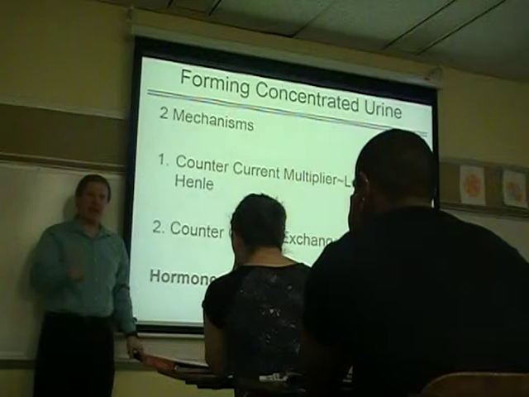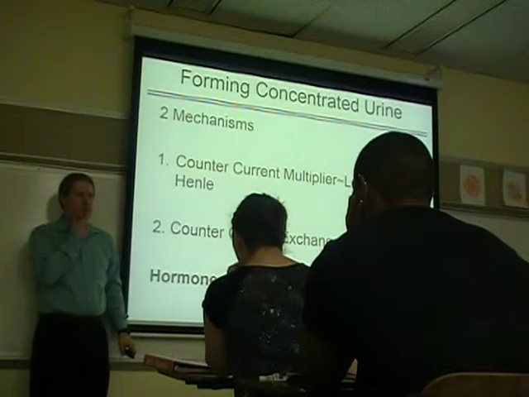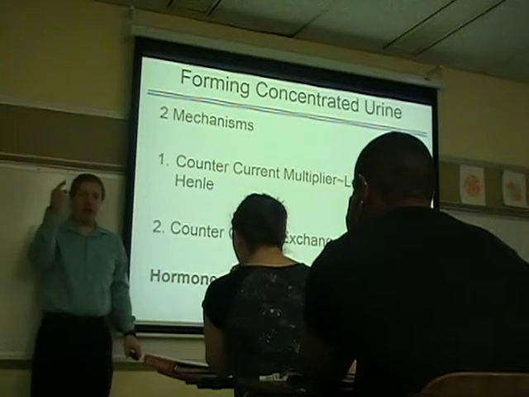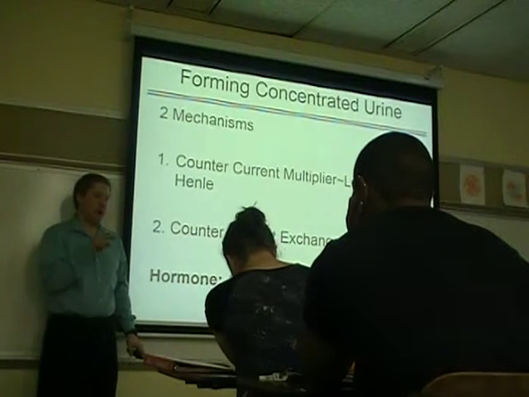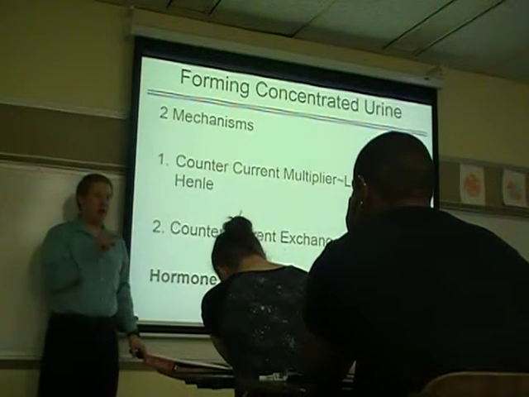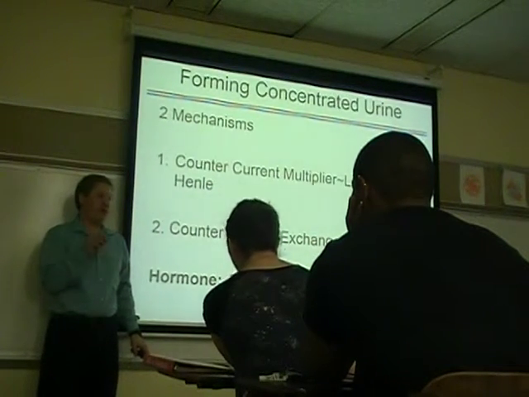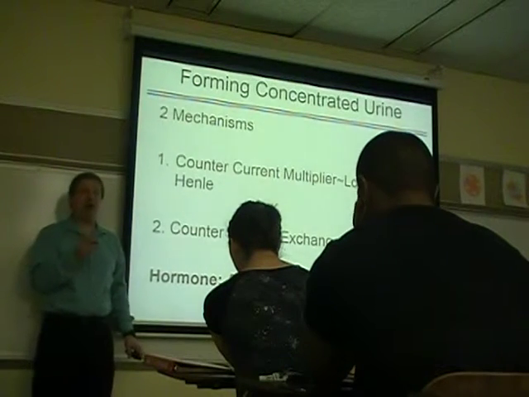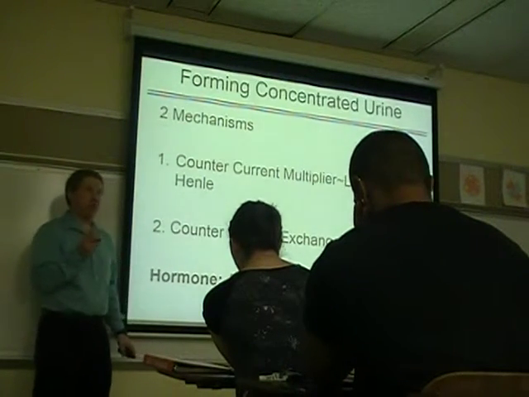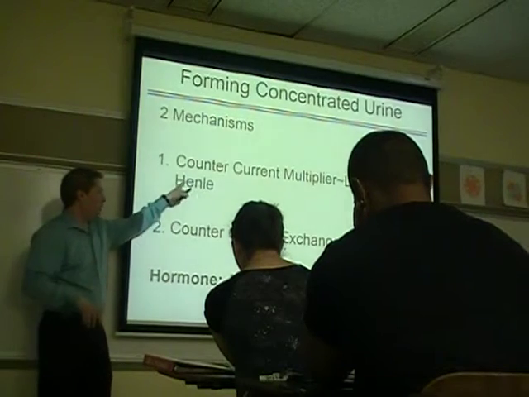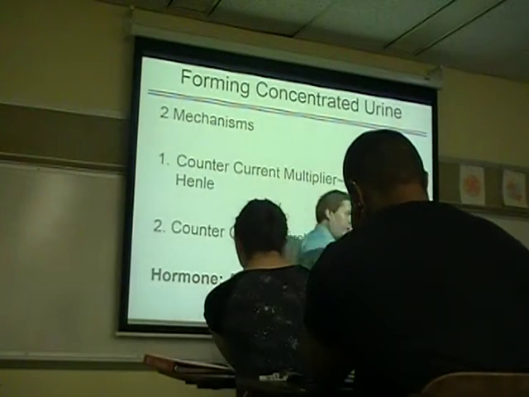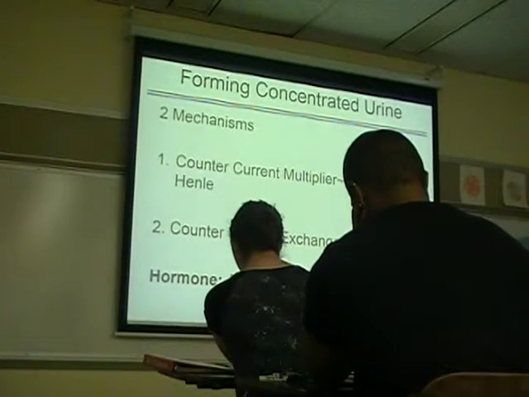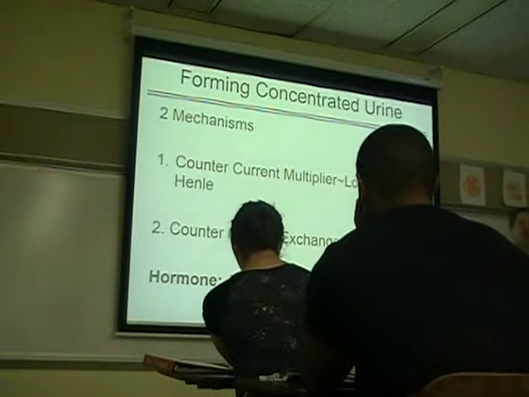That's been noted to be the case as well. So why do we care that they have to be long loops of Henle? There you go. They dip down way deep into the medulla, okay? And if they don't dip down to the medulla, then they're not going to be exposed to that very highly concentrated, or if you want, very salty interstitial fluid that's in the medulla. So when these loops of Henle dip down in there, we can actually call those long loops of Henle their countercurrent multipliers.